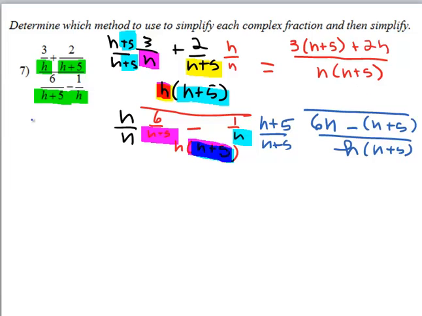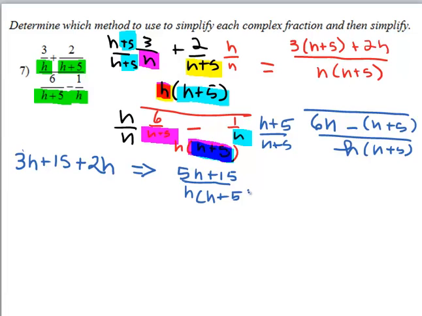Okay, so let's come down here and do a little math now. So I'm going to distribute and combine like terms here. So 3 times h plus 5 is 3h plus 15, plus 2h. So that turns into 5h plus 15 over h times h plus 5.